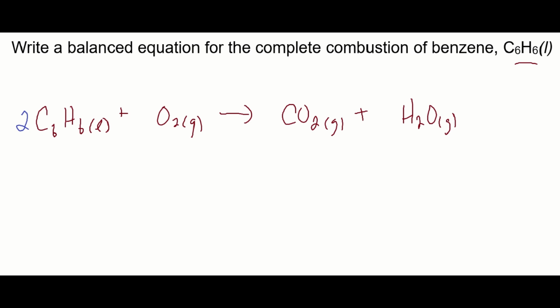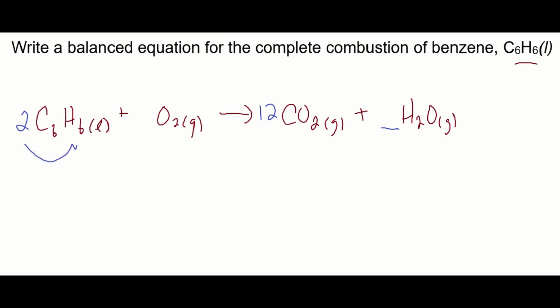Since carbon only appears in the molecule of carbon dioxide and the hydrocarbon, the coefficient in front of the carbon dioxide has to match however many carbons we have in the hydrocarbon, which is 12. And the coefficient in front of water has to match half the number of hydrogens in the hydrocarbon. That's because H only appears in those two compounds.